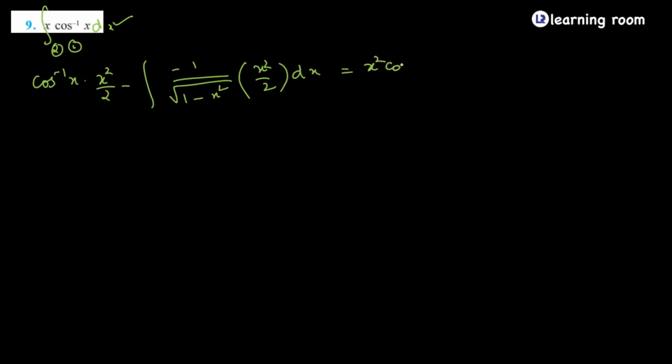So all that you need to do to simplify is add up and subtract. So this will be x square cos inverse x the whole divided by 2 minus integral of minus x square divided by root of 1 minus x square. Add 1, subtract 1.